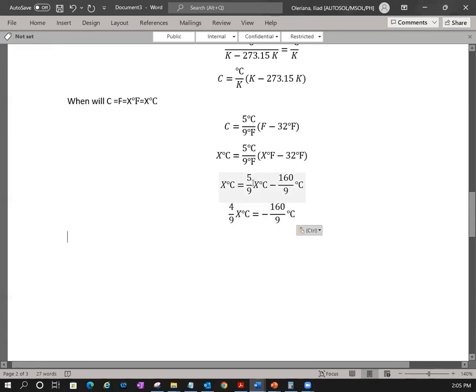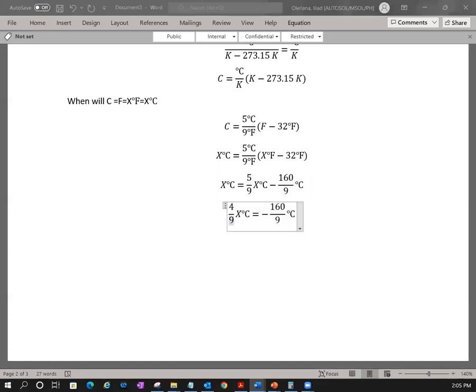Still, nandito pa rin tayo. Anong ginawa natin? Linabas natin itong 5/9 dito sa kabila. Since this is 1, so 1 minus 5/9, that is 4/9. And yung kabila, retain natin yung negative 160/9. Okay?